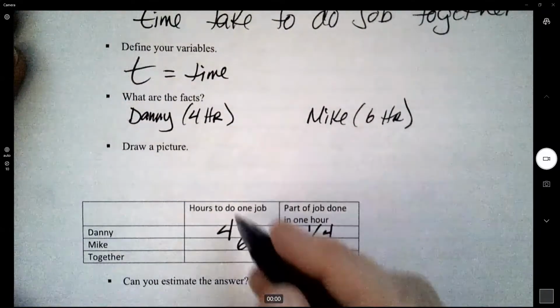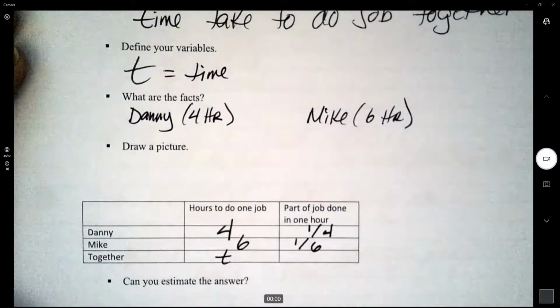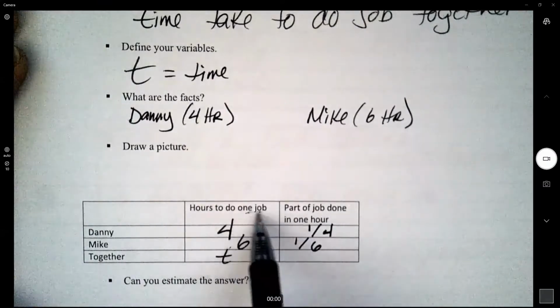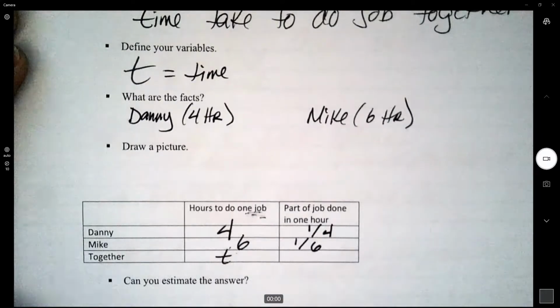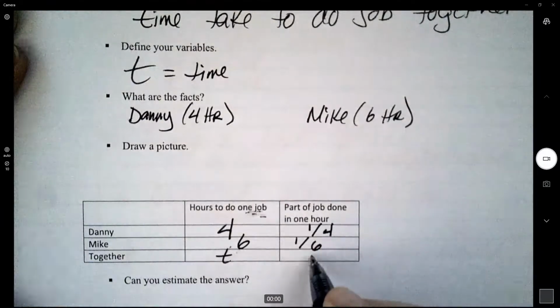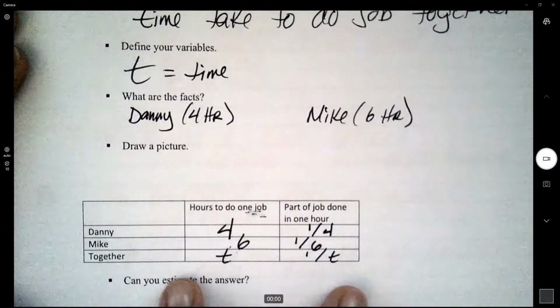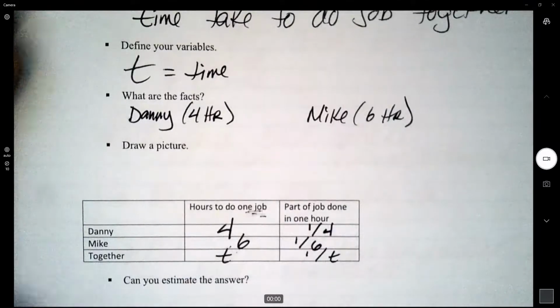So together, the hours to do the job is going to take T. That's what we're trying to find. We're trying to combine their efforts into the time it takes to do the same job. So obviously this will be 1/T. I don't know what the rate is of them combined, but if I found it, I could find the time it takes to do the job together.